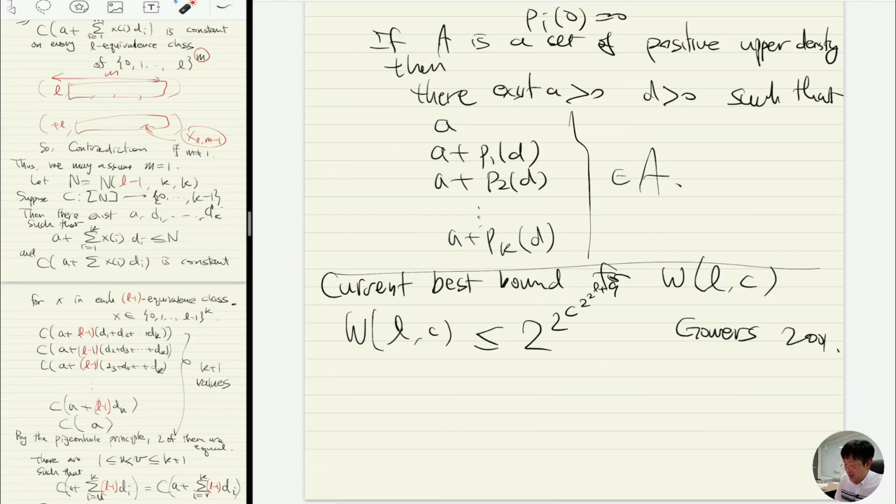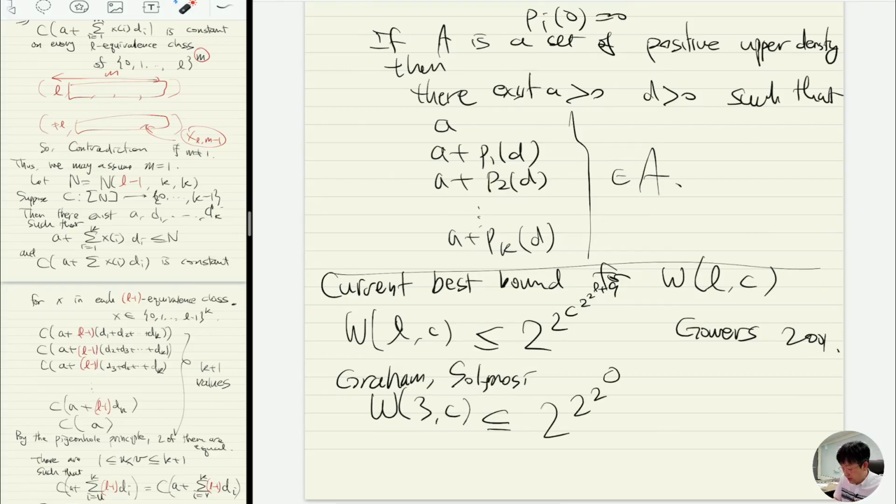But this proof is not using a combinatorial method, it's based on the Fourier method. There is a proof using a combinatorial method by Graham and Solymosi. But this is just for 3-term arithmetic progressions. It gives you something like this. This was 2006.